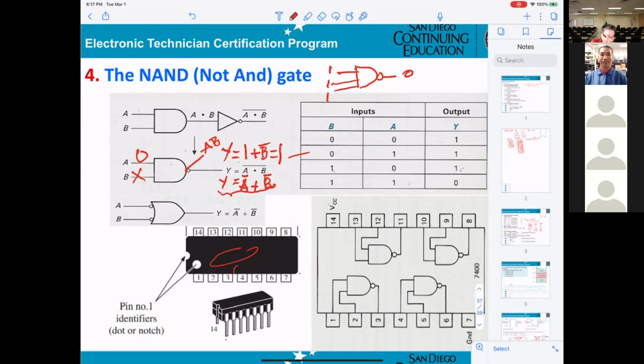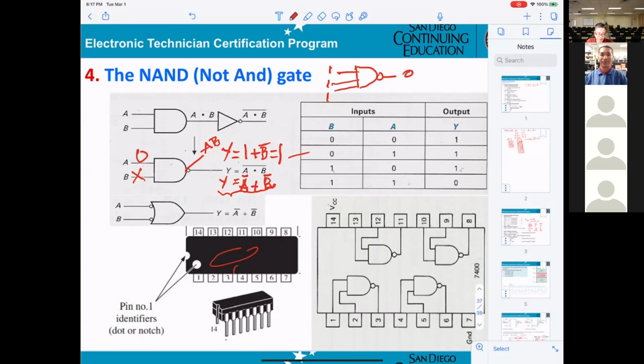Then the output is 0. That's one thing about looking at the truth table. You can see it right away. But the thing is, that's what you have to memorize. For the NAND gate, if 1 input equals 0, the output must be 1. So for the output to be a 0, all inputs must be 1.